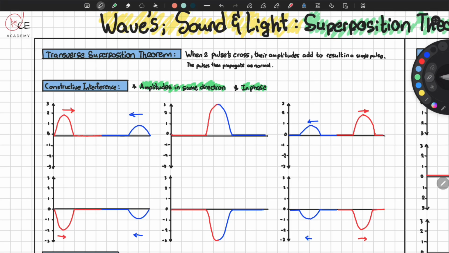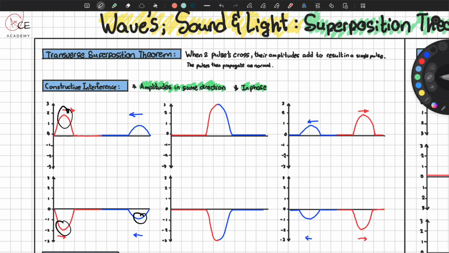When I am talking about a crest or a peak, I am talking about this shape right here. That shape is created when a particle on a medium has a positive displacement. When I talk about a trough, I am talking about this shape right here at the bottom, and this shape is created when a particle on the medium has a negative displacement.